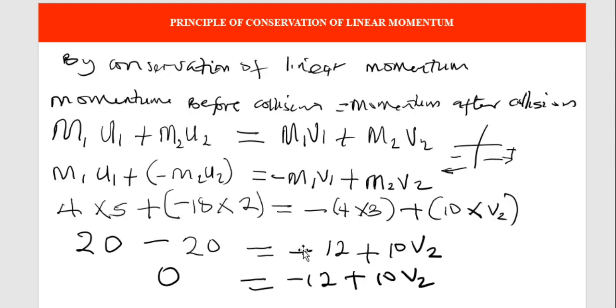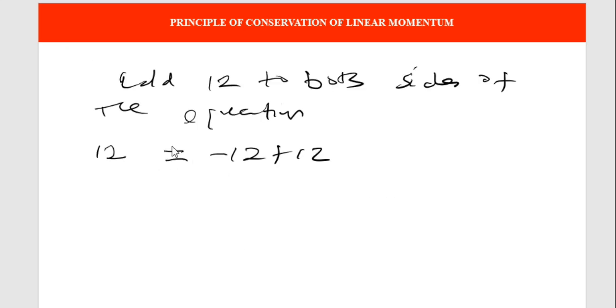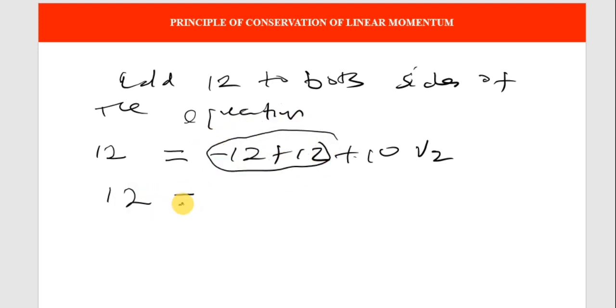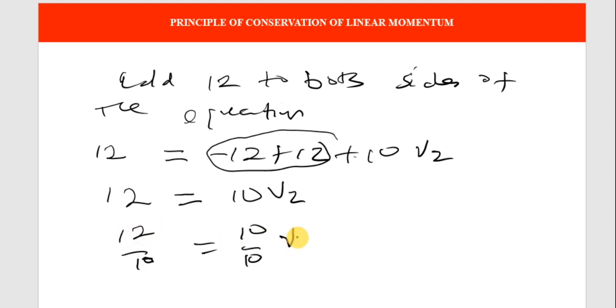Minus 12 plus 12 is 0. So we have 12 to be equal to 10 v2. Now divide both sides by the coefficient of v2. You have 12 divided by 10, which is equal to 10 over 10 v2.